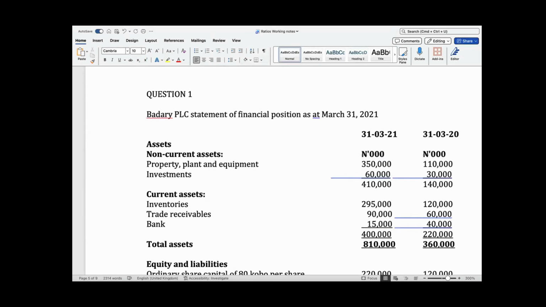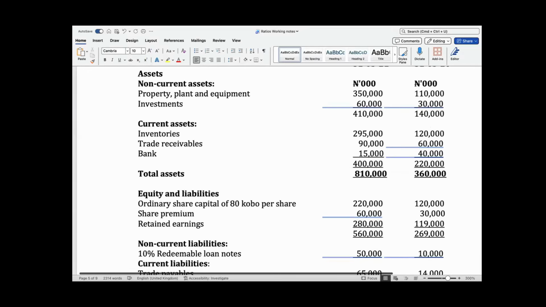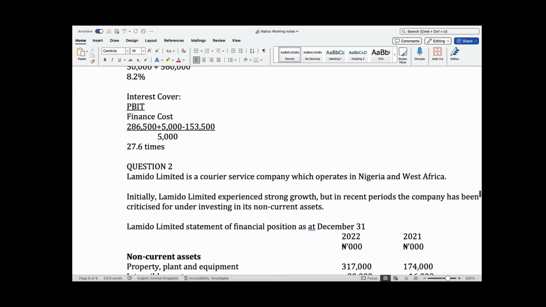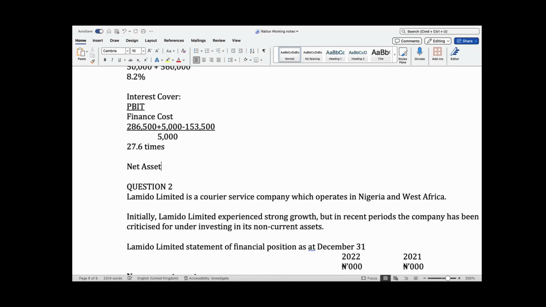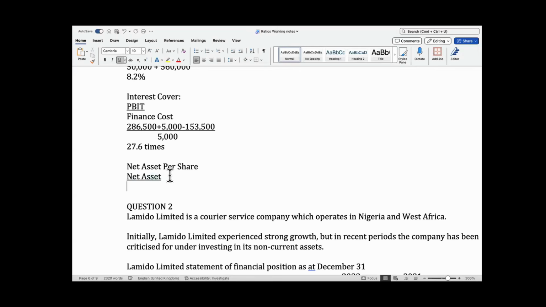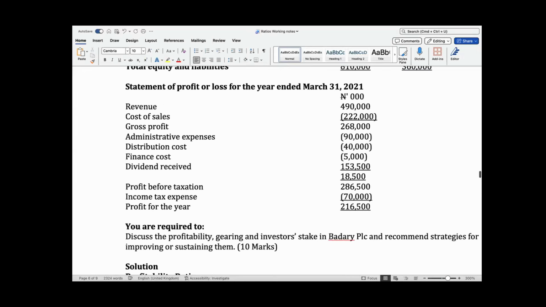An investor's stake. For investor's stake, I can do net asset per share, which is net assets divided by number of ordinary shares. What's the net assets?